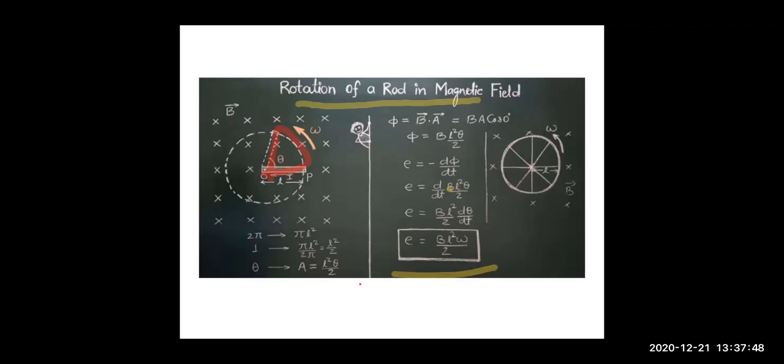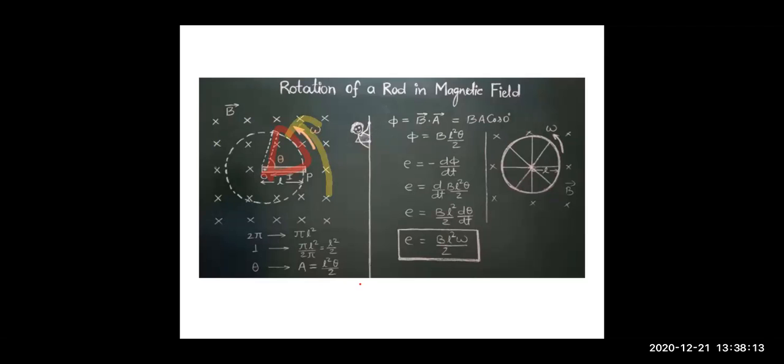Now, if we talk about the direction, come on, let's use Fleming's right hand rule. Stretch your 3 fingers. The first finger will be in the direction of the magnetic field, so put it straight inwards. Now the thumb: you are moving the rod in the upward direction, so the thumb will be pointing straight up.